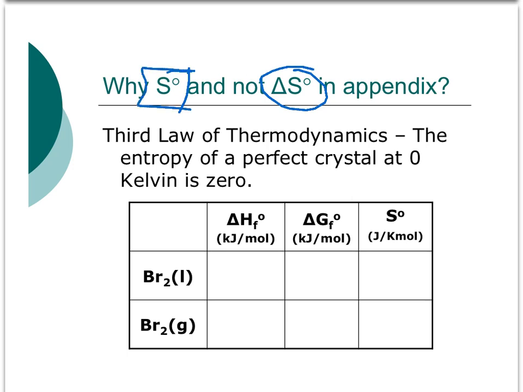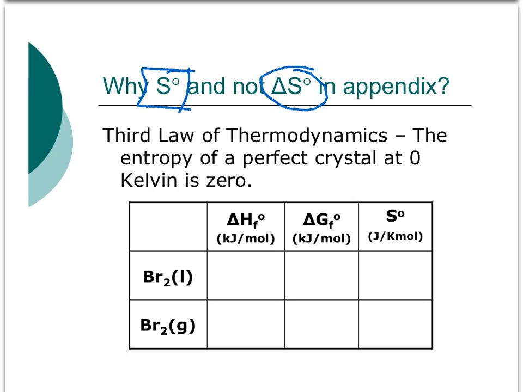We'll get into the zero part later, but right now I want to talk about why there's no delta there. The reason there's no delta there is because of the third law of thermodynamics, which essentially says that the entropies listed in the back of the book really are delta entropies.